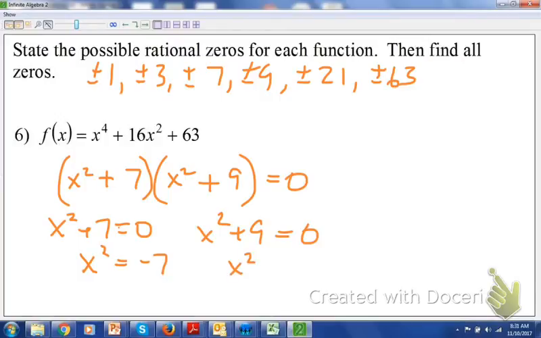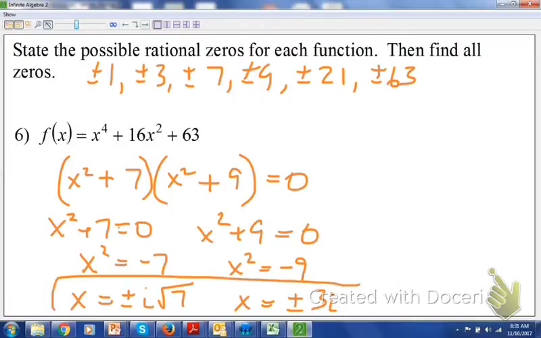Here x squared will equal negative 9. x equals plus or minus the square root of negative 7, which is i times the square root of 7. And here x equals plus or minus the square root of negative 9, plus or minus 3i. So all 4 of my solutions are imaginary.